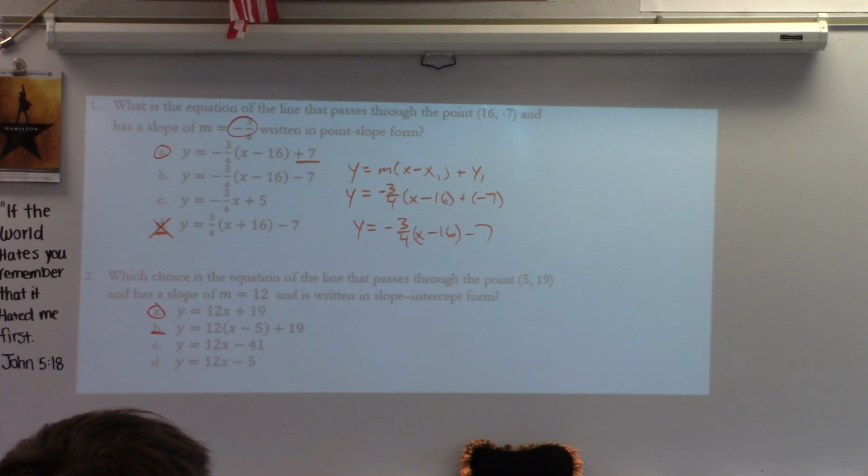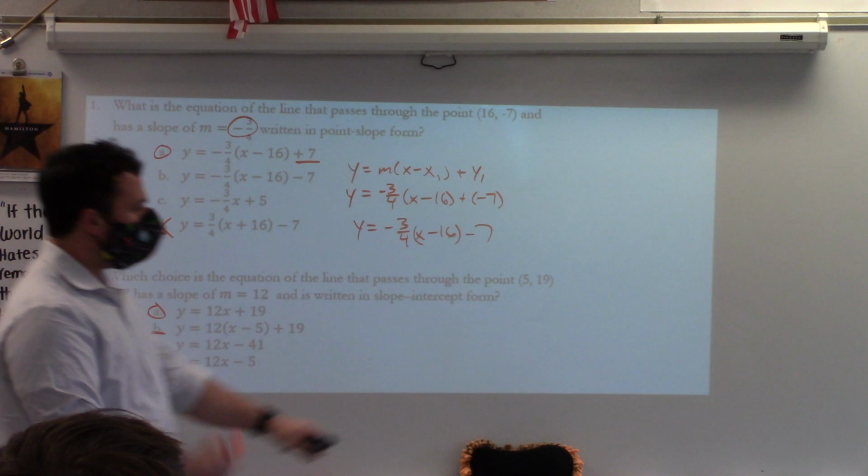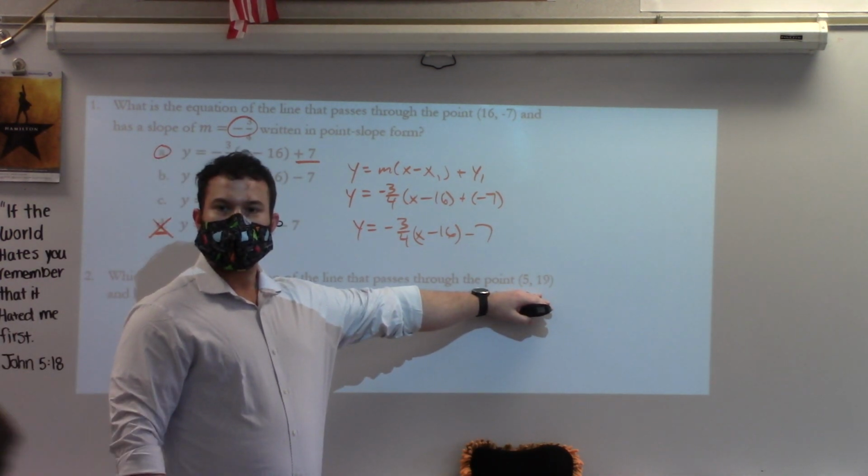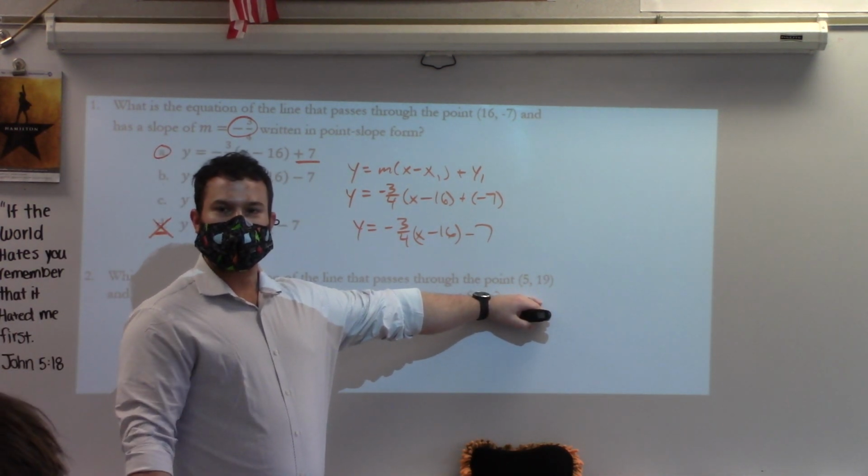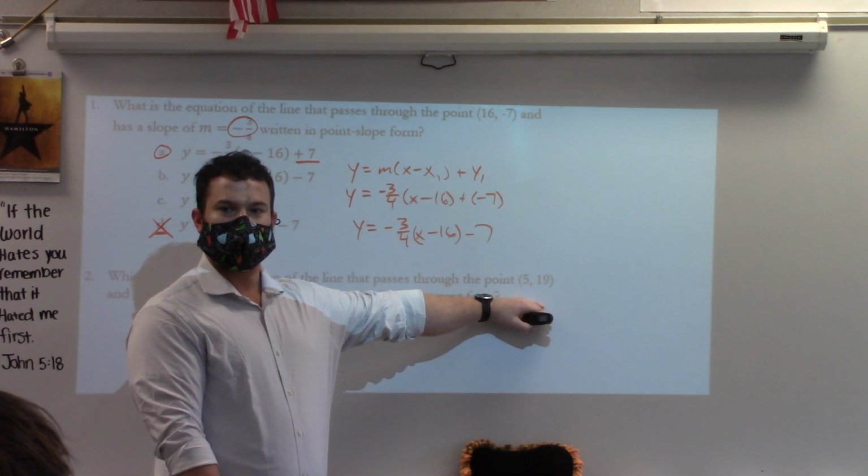Okay? Now, Mona, you picked B, right? For number 2? You were so close. B is perfectly correct as the point slope form of a line. But what did number 2 ask for? Slope intercept. But then, McKay, you put y equals 12x plus 19. Is 19 the y-intercept? In order to have a y-intercept, the x value had to be what? 0.